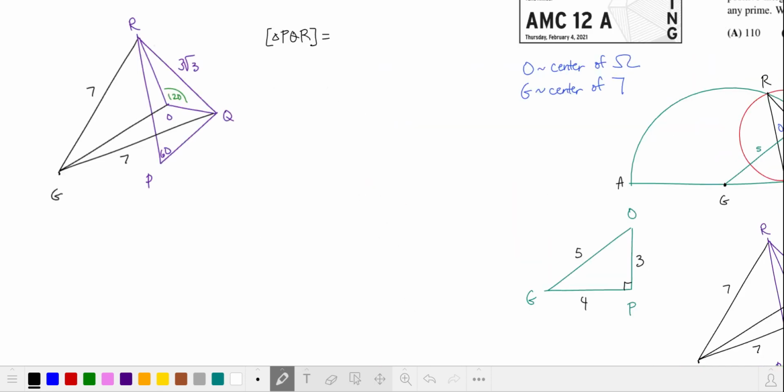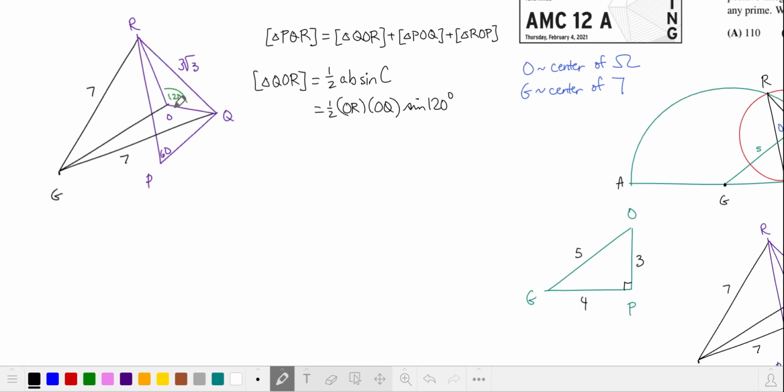So what we're going to do is find the area of triangle PQR by finding the areas of 3 smaller triangles, QOR, POQ, and ROP off to the left. Let's start with the area of triangle QOR. We'll use the sine formula, 1/2 AB times the sine of the angle between these two segments.